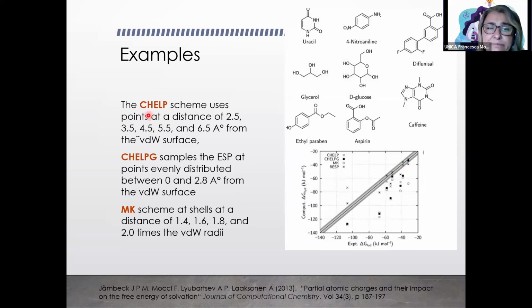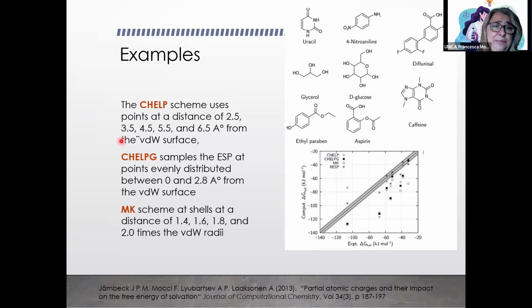There are different schemes. For example, a scheme that is very used is the CHelp scheme, which fits the charges in order to reproduce the electrostatic potential at several distances from the van der Waals surface that was represented in the previous figure.